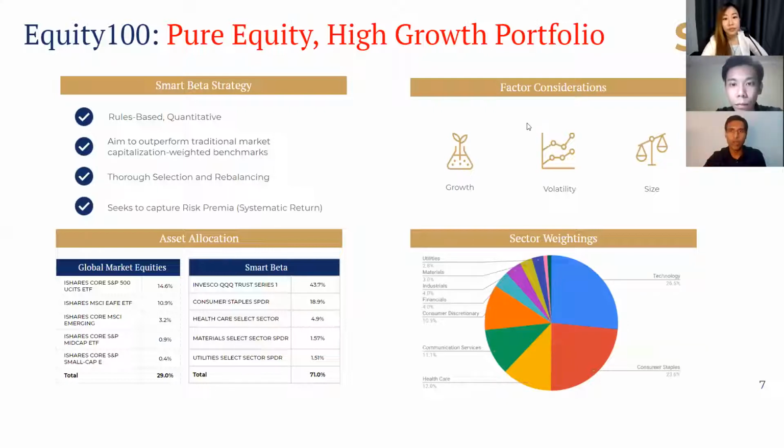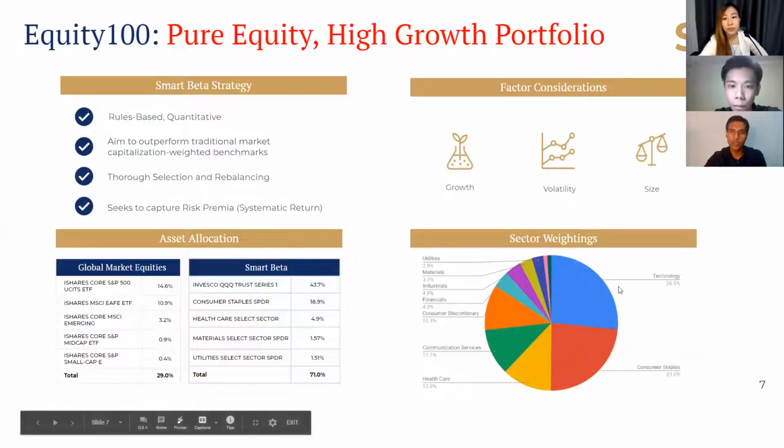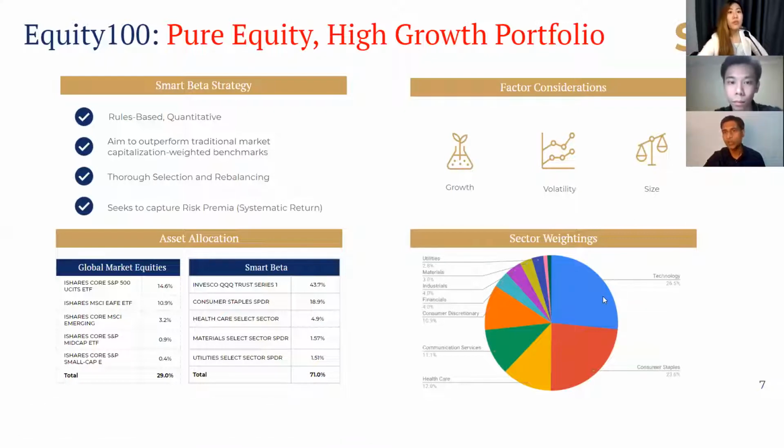So in terms of the factors that we consider right now, it is growth versus value, large cap versus small cap, and keeping the overall volatility of the portfolio pretty low. So right now, it's got a good, healthy allocation to technology to give you that growth, and allocation to more large cap stocks because, in the current situation, they have stronger balance sheets, more revenue streams, and sustainable business models versus the small caps really struggling through this pandemic.